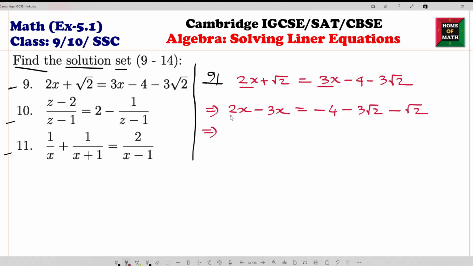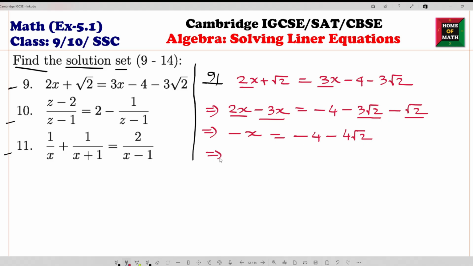So 2x minus 3x will be minus x, right? And here is minus 4, and here is minus 3 root 2 and here is minus root 2. So this one we can write minus 4 root 2.